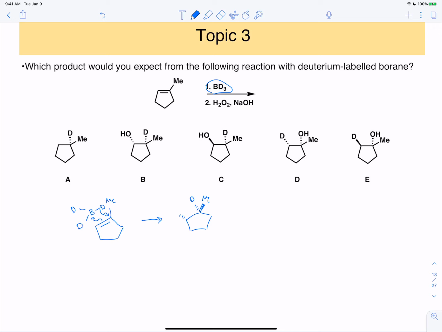So we see our initial stereochemical result is having the boron and the deuterium on the exact same side of the molecule. So we have a methyl group up, we have the boron and deuterium down. It's a syn addition.